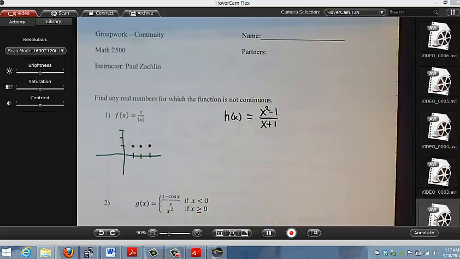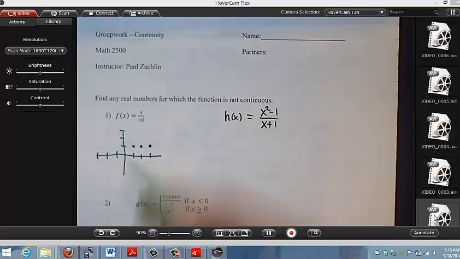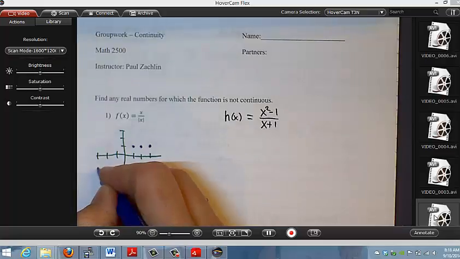So is that true? Yeah. What happens if you put it in, can you get any other outputs besides 1? I guess that's the question. You can get negative 1, right? So if you put in negative 3 as an input, you get negative 3 over positive 3, which gives me negative 1, right?